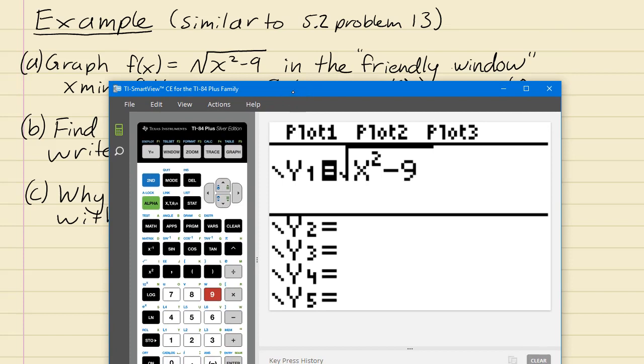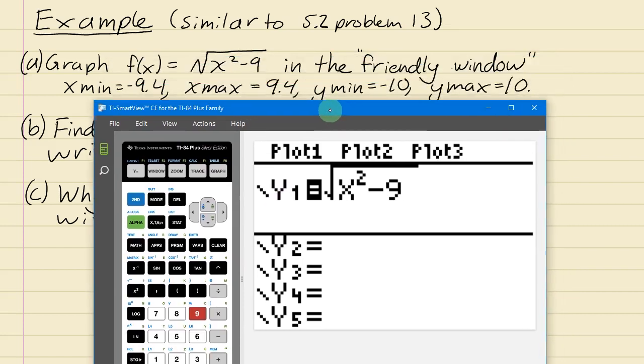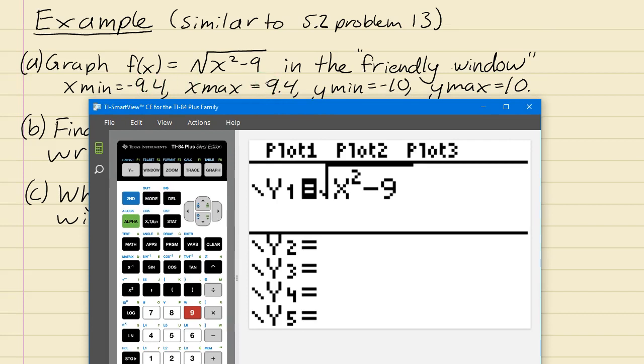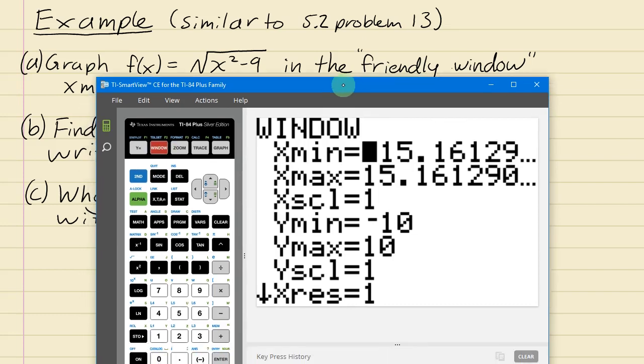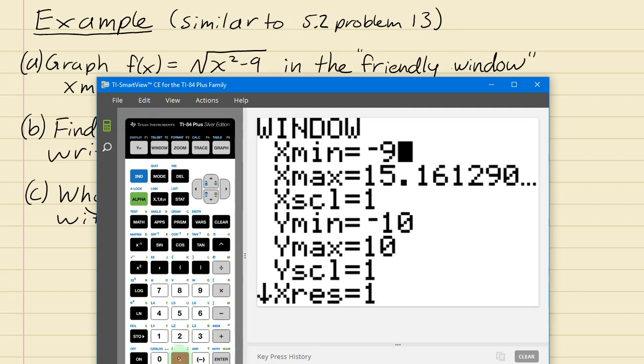We're just writing y equals the square root of x squared minus 9, because when you're graphing, y and f of x pretty much mean the same thing. We want to get it in this special window here. So we hit the window button, change the x min to negative 9.4, change the x max to 9.4, and the y min and the y max can be standard.